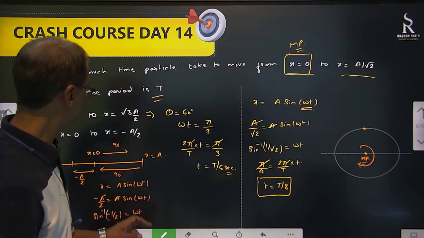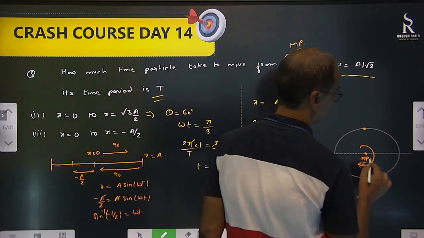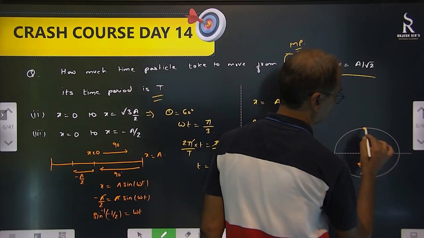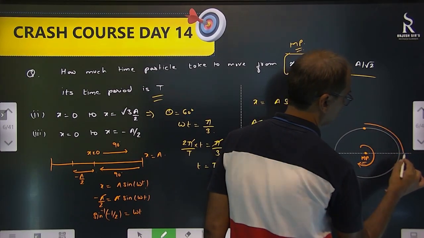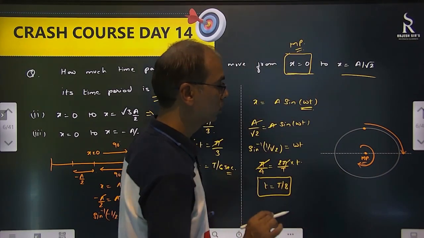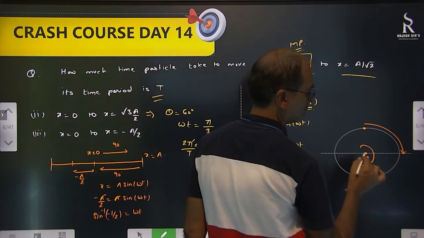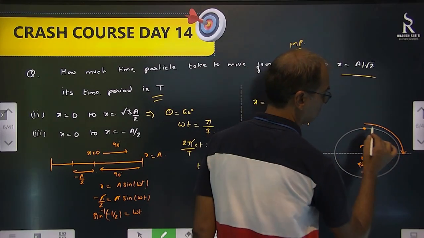Okay, so first it has moved from 0 to A. When it is moving from 0 to A, that means your particle is moving from here to here, because we have to see the projection of this particle on the diameter. So if projection is moving from here to here, that means particle is moving like this.